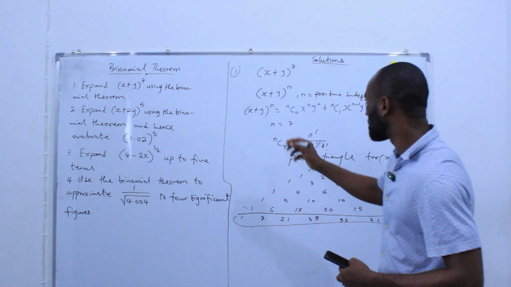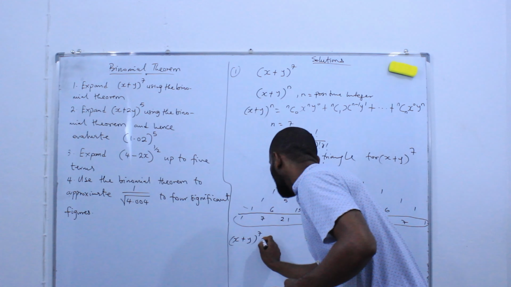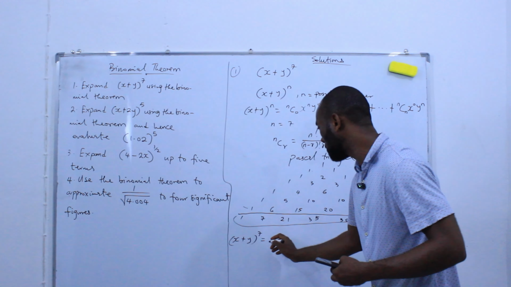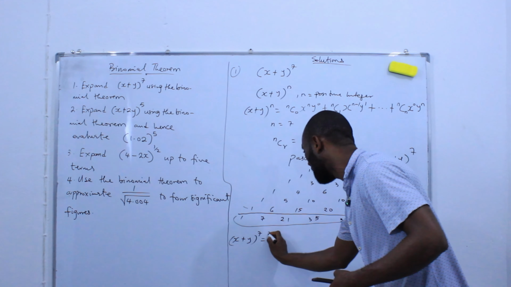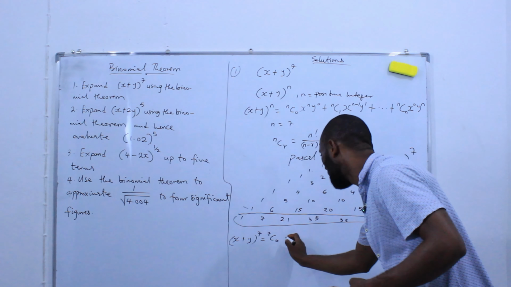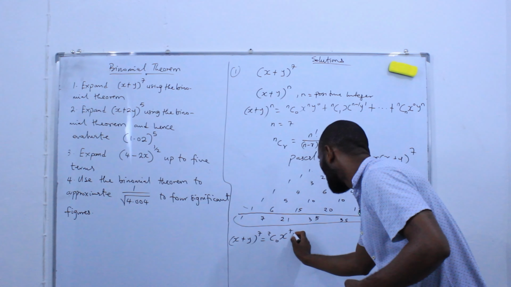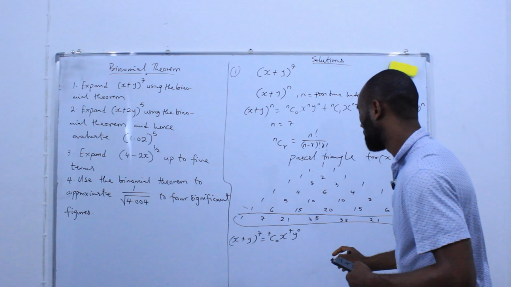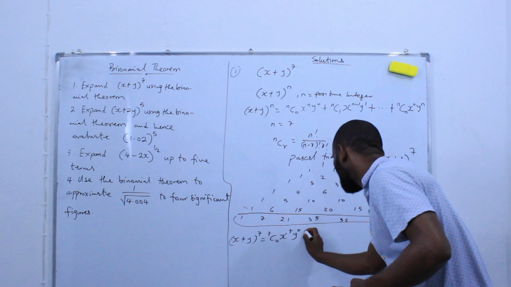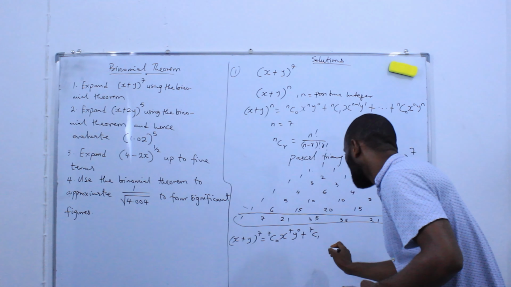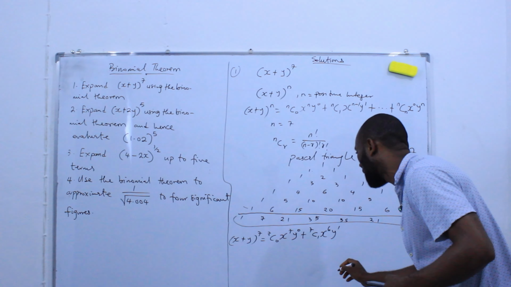So we are going to use the formula for x plus y raised to power 7 to be the first coefficient, replacing the binomial coefficient nC0, 7C0, x raised to power 7, y raised to power 0, plus 7C1 x raised to power 6 y raised to power 1.